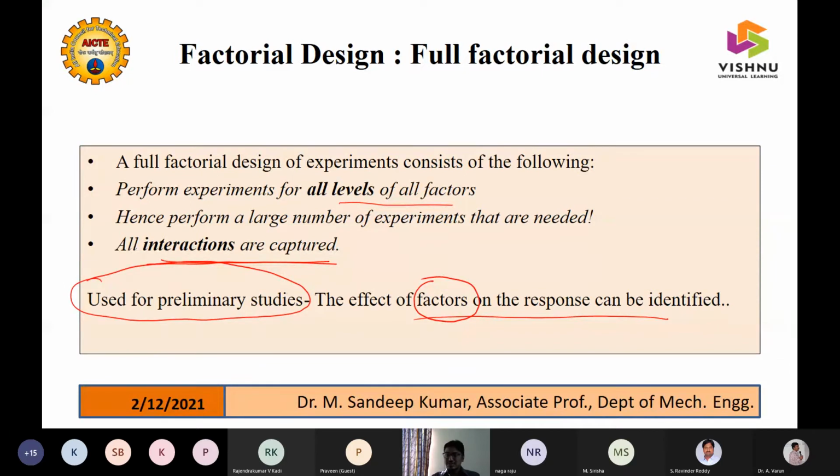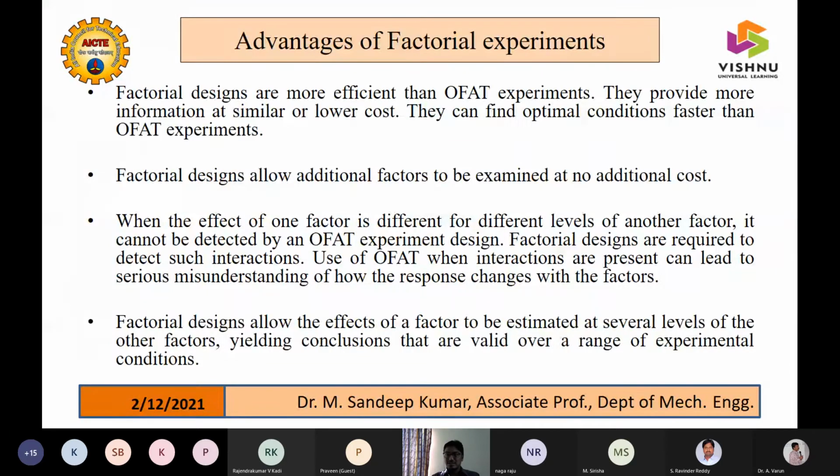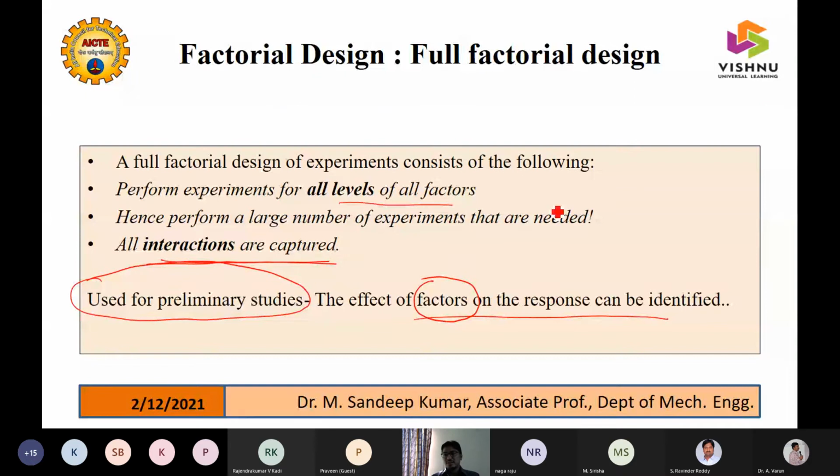So generally we do this for preliminary studies. Before that, let me give a glance. Usually we have 2 types. One is the 2-level full factorial experiment. We call it the preliminary experiment. We do it for finding the factors: which factor is affecting the response more.